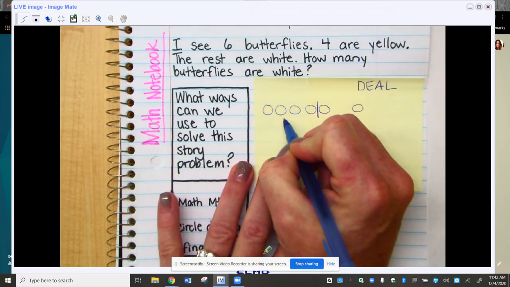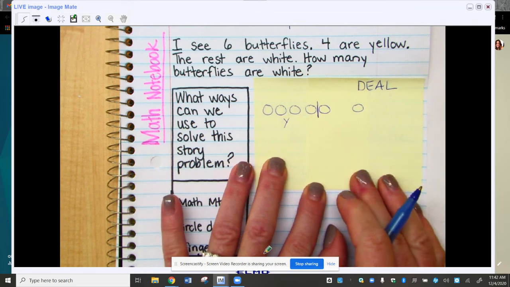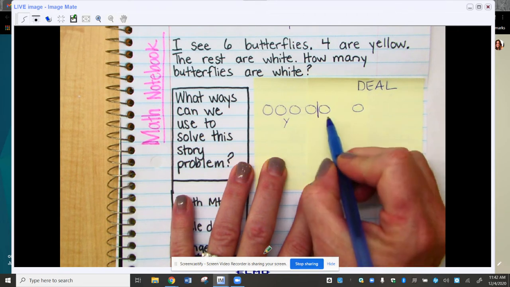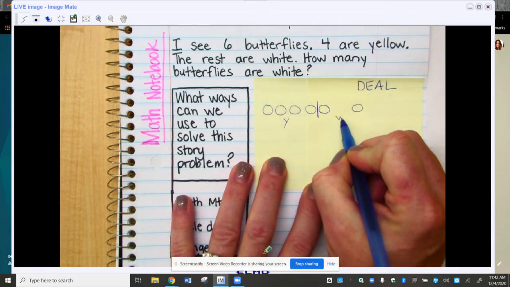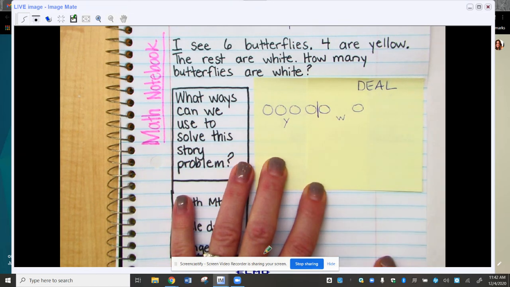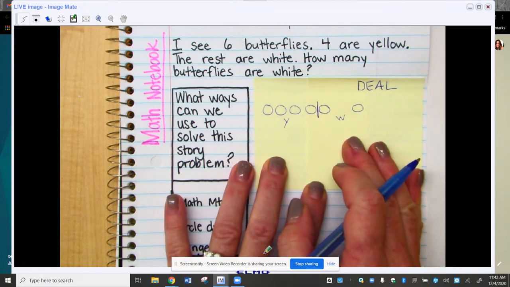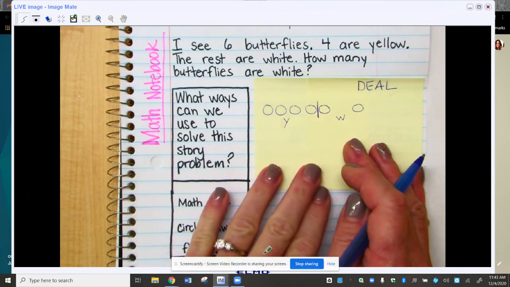So I'm just going to put a little Y right here, and that's going to remind me that those 4 circles are for the yellow butterflies. Well, the rest are over here. So these 2 must be the white butterflies. So get into the habit of, you could either write the word yellow or the word white, or in this case, we could just write the letter to remind ourselves. That will help you keep track of your thinking.